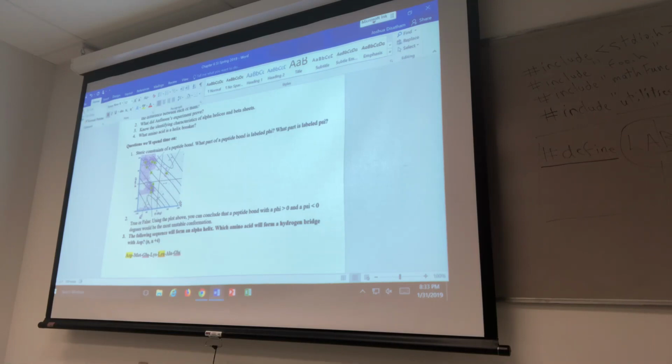So what Anfinsen's experiment was is that there is this 3-dimensional enzyme, I think ribonuclease. This guy unwound this protein using a bunch of different chemicals all the way down to its primary amino acid sequence. The result was that when he removed all those chemicals, that amino acid sequence by itself wrapped into its original 3-dimensional shape and still had the function that it did initially.